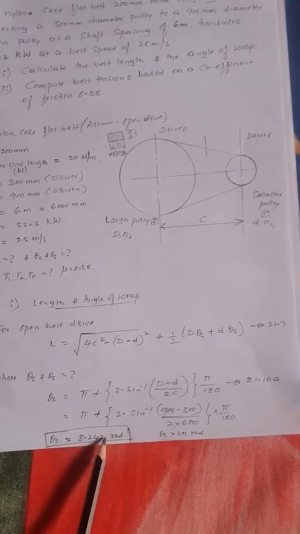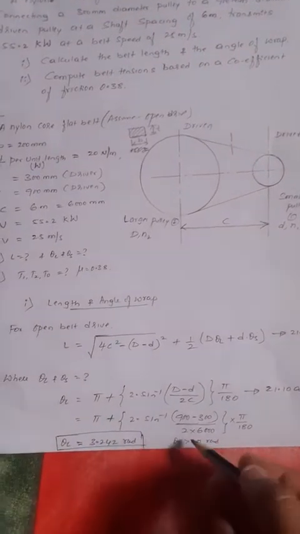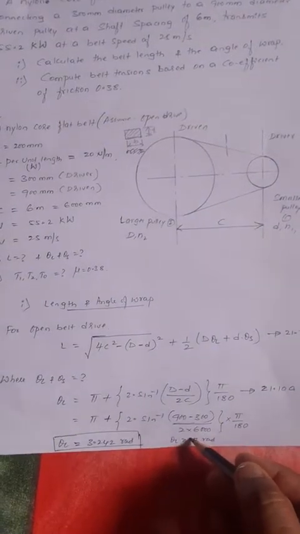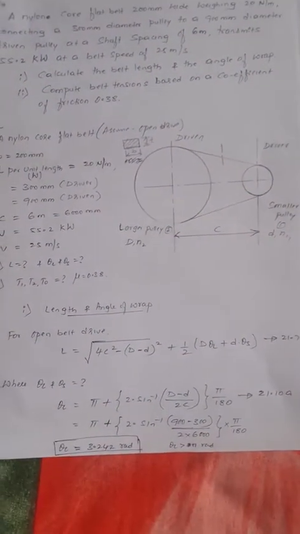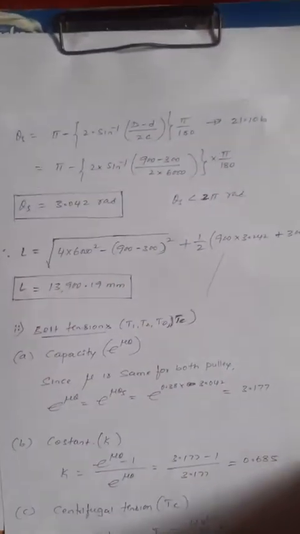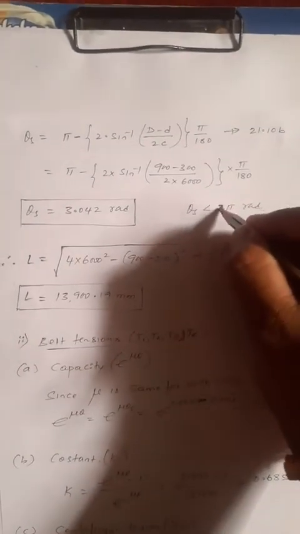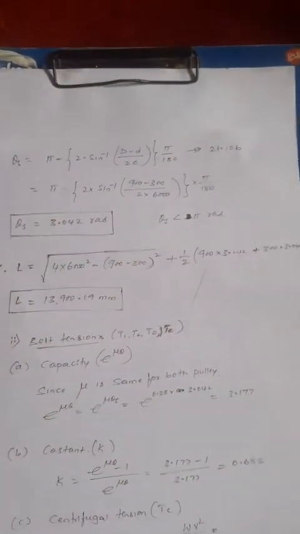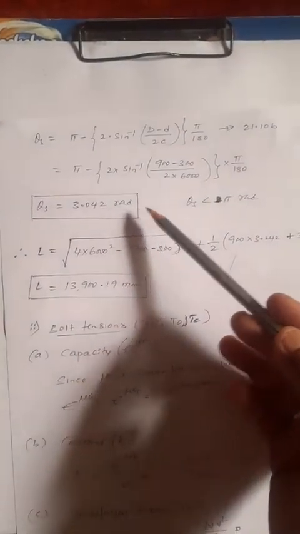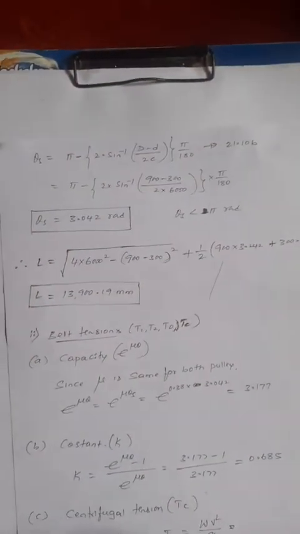Theta L is 3.25 radian, which should be greater than pi radian. Next, calculate theta S with equation 21.10b and substitute. Finally you get 3.042, which should be less than pi radian.